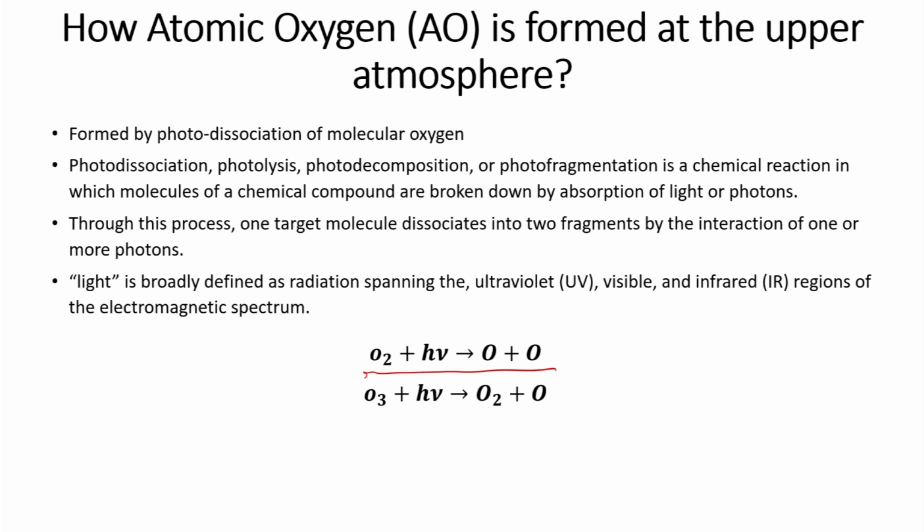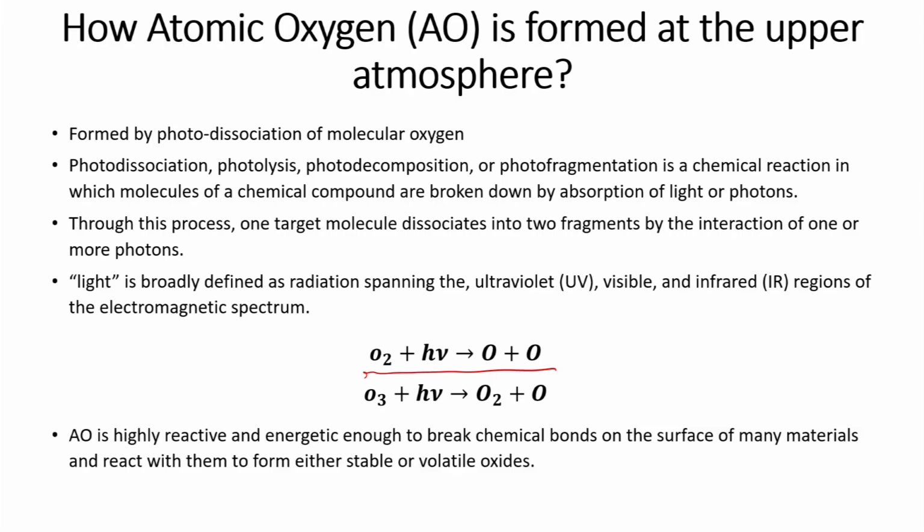Since atomic oxygens are very reactive, they can break the chemical bonds on the surface of many materials. The materials used in satellites, especially hydrocarbons, that is polymer materials, are very susceptible to oxidation or reaction by atomic oxygen.